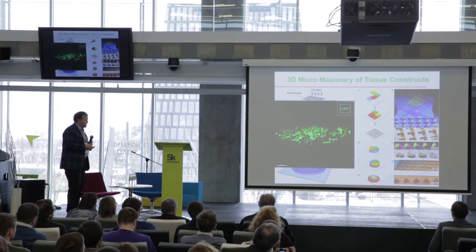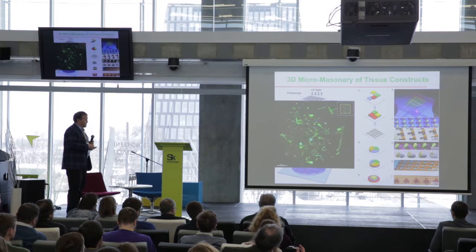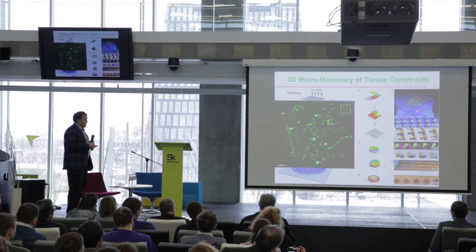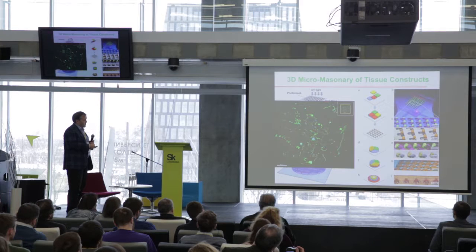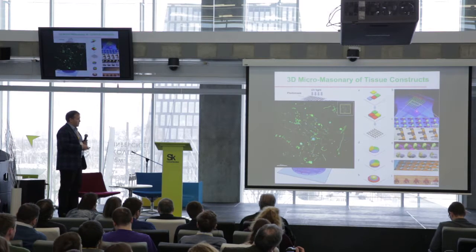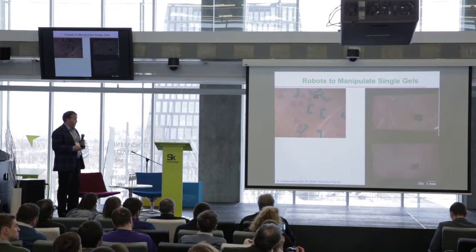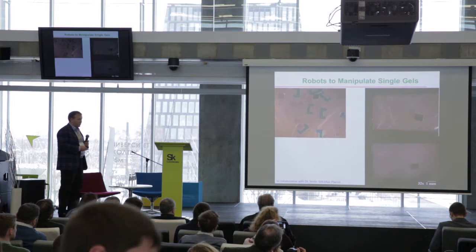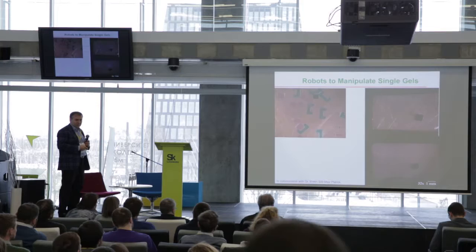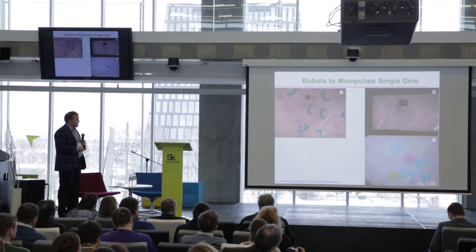If you look at a single microgel, you see, for instance, primary neurons in it, and they are about a millimeter by millimeter with 150 micron height. That's a construct, and if you look at it with the confocal, you see that the neurites are extending and traveling in 3D, making it more like a construct that could mimic native tissue conditions.